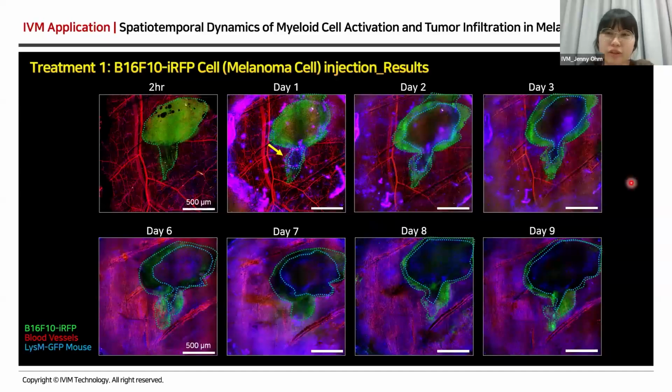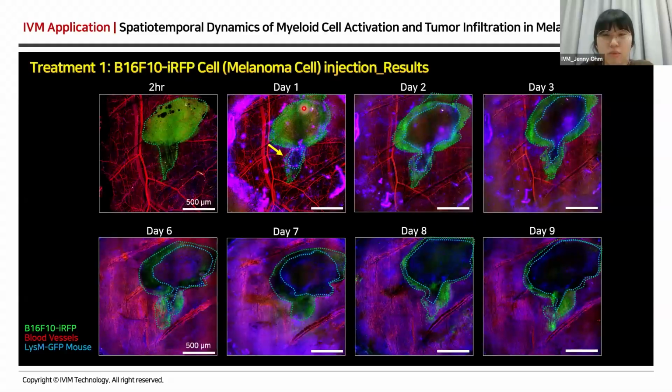If we now look at the results in the first experimental group, where melanoma cells were injected to create the tumor model, the results showed that at the 2-hour post-injection time point, immune cells were not visibly detected, and there was no apparent infiltration of immune cells into the tumor.